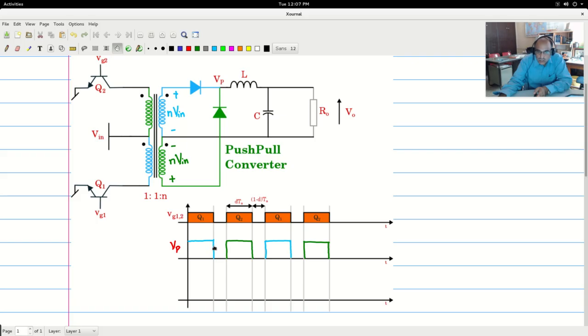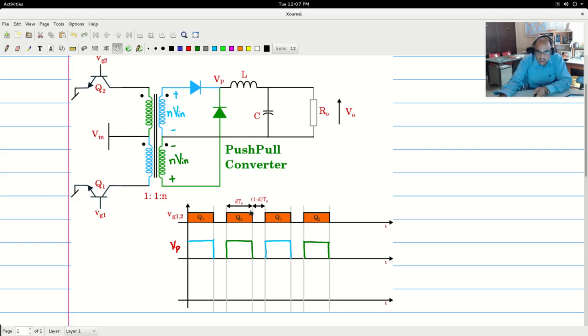So the pole voltage waveform, if you take from this point to this point, will be considered as Ts. Then the portion when it is high is considered as dTs, and the portion when it is low is considered as 1 minus dTs.